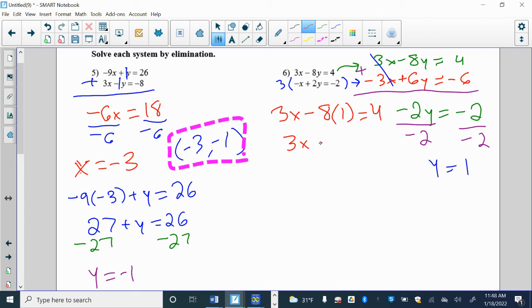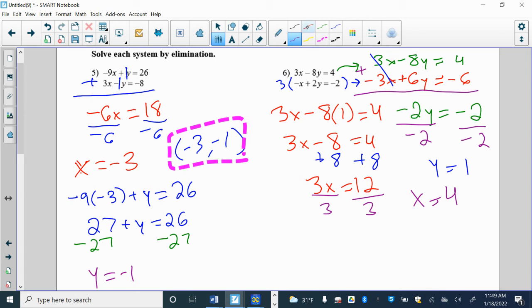We have 3x minus 8 equals 4. Add over 8. 3x equals 12. Divide by 3. X equals 4. Answer: 4, 1.